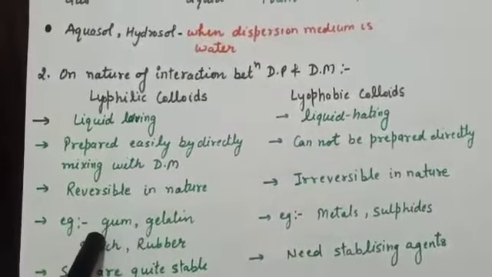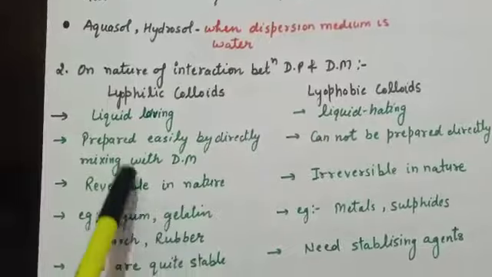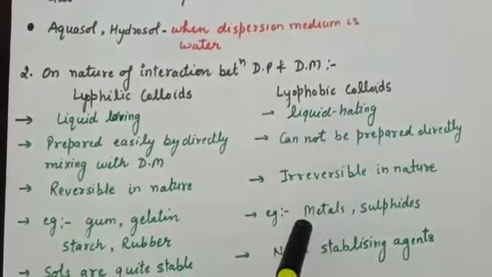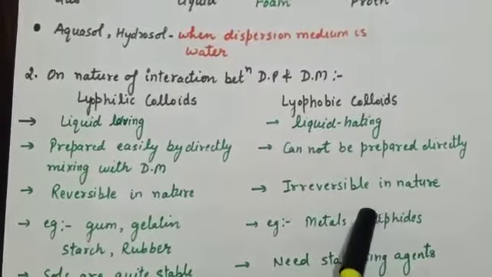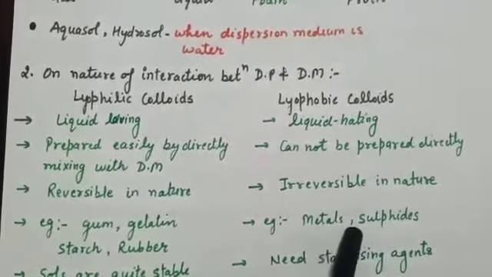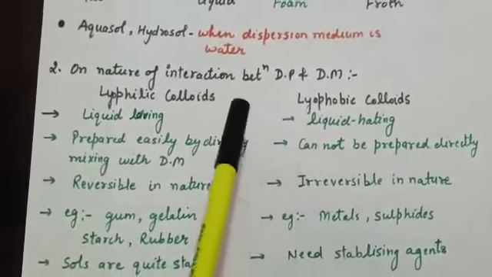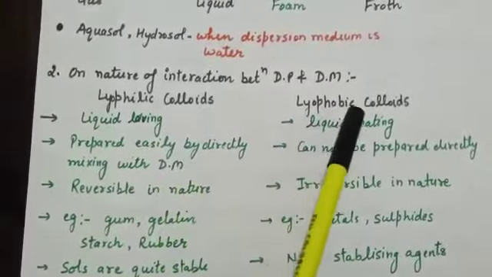Example of lyophilic colloids is a solution of starch or gelatin in water, and in case of lyophobic colloids, metals and their sulfides. They cannot be directly prepared. Some special methods are to be applied for the preparation of these types of sols. So these are the 5 differences between lyophilic colloids and lyophobic colloids.